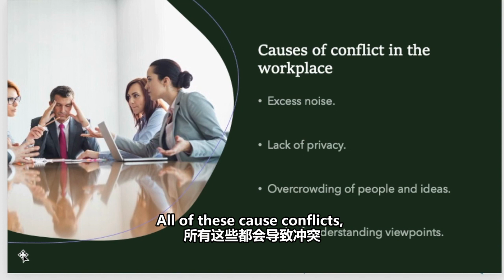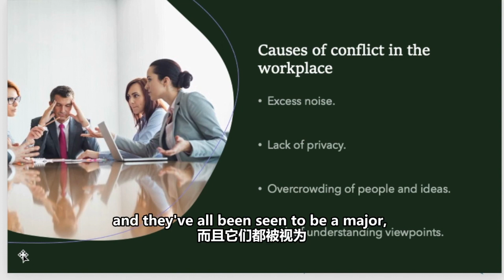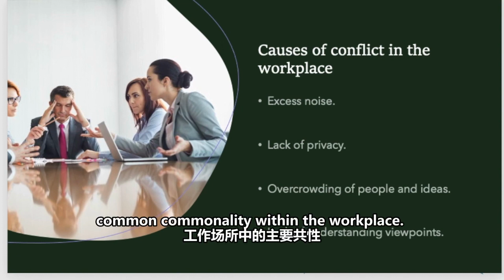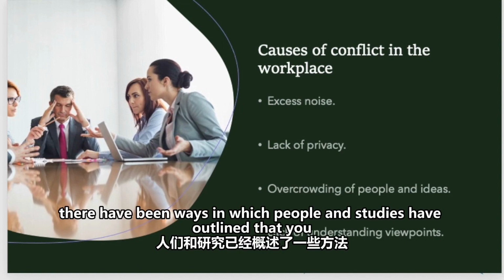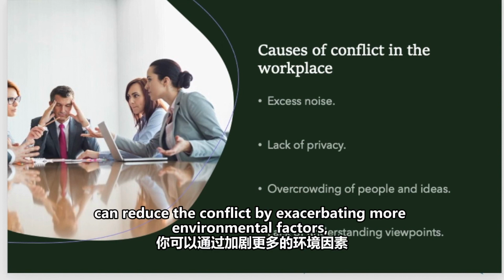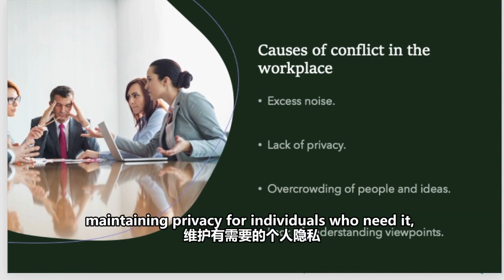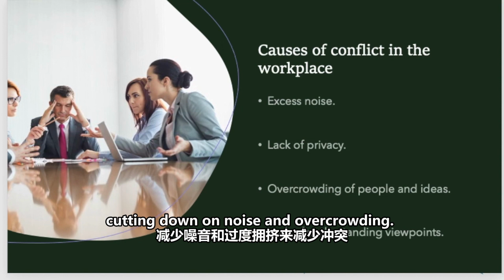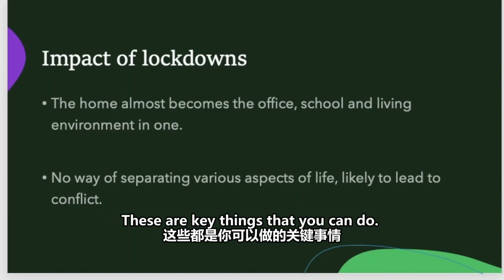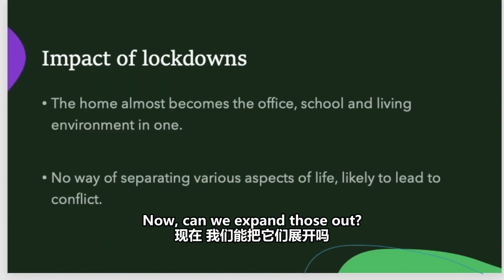All of these cause conflict, and they've all been seen to be a major commonality within the workplace. However, studies have outlined that you can reduce conflict by addressing environmental factors: maintaining privacy for individuals who need it, cutting down on noise and overcrowding. These are key things that you can do. Now, can we expand those out?